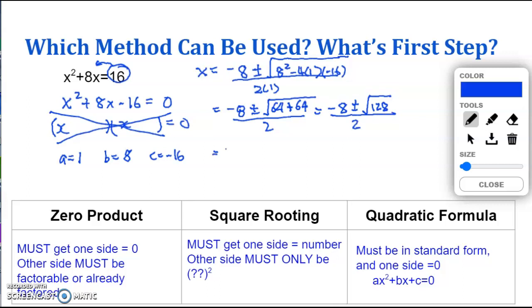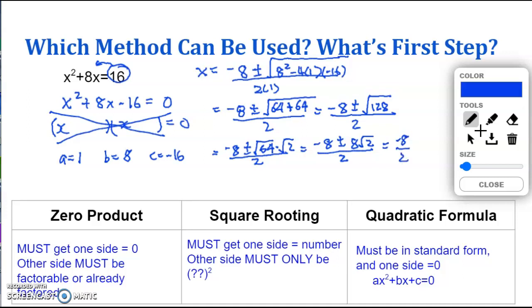So then that simplifies to negative 8 plus or minus square root of 128 could be simplified as square root of 64 times square root of 2, all over 2, which is same as negative 8 plus or minus square root of 64 is 8 root 2, all over 2. And I can split this as negative 8 over 2.